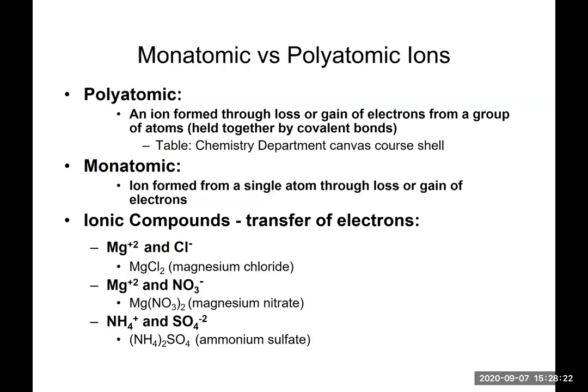Polyatomic ions are formed through loss or gain of electrons from a group of atoms, and that group of atoms is held together by covalent bonds. So for example, if we talk about sulfite, SO3 2-, the sulfur and the oxygens are held together by covalent bonds. And as we drew Lewis structures, we could see that.